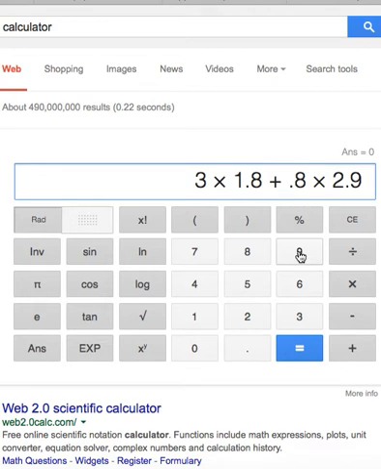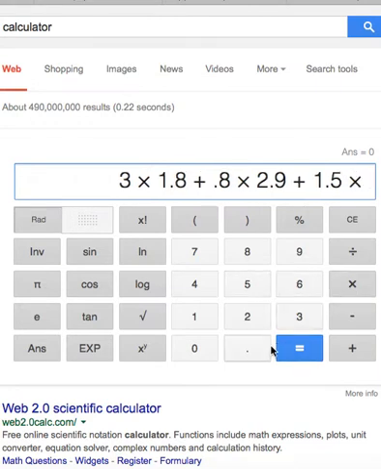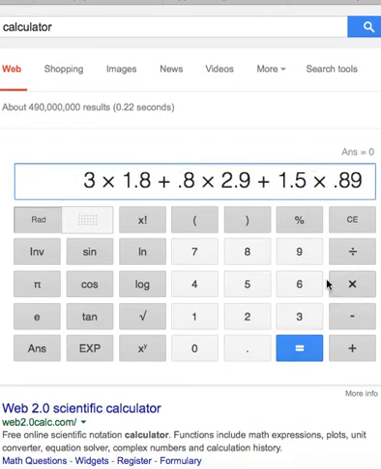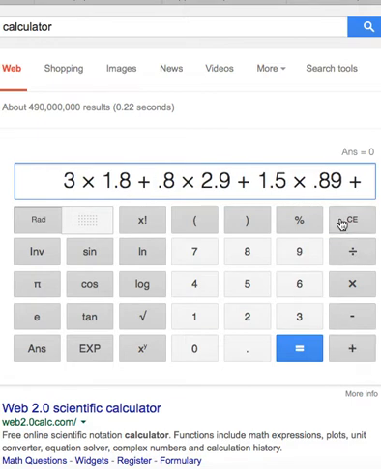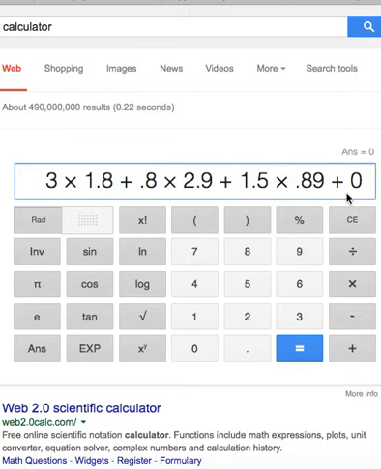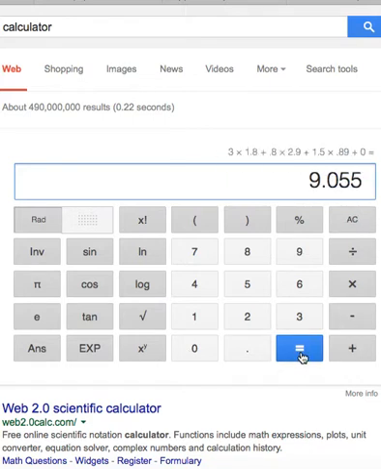You can put 2.90, but you don't have to. And then plus 1.5 times 0.89. And our answer, oops, sorry. I'll put plus 0 because I accidentally pushed plus, and I don't know how to delete that without starting again. So equals, we've got 9.055.